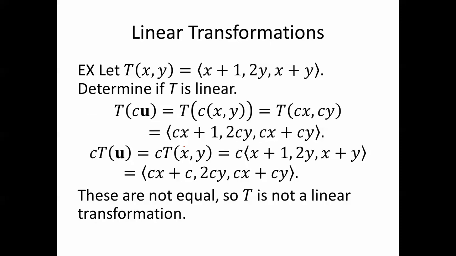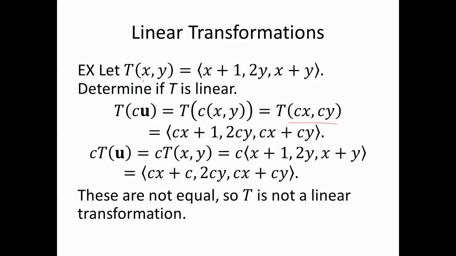Let T of (x, y) equal (x + 1, 2y, x + y). Determine if T is linear. Well, let's first see if T of cu equals c times T of u. T of cu is T of c(x, y), which is just multiplied through by the c, and you get T of (cx, cy).